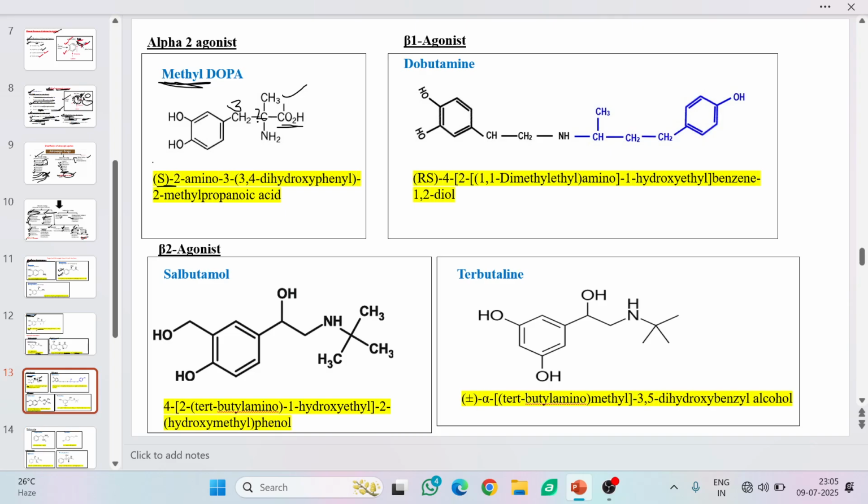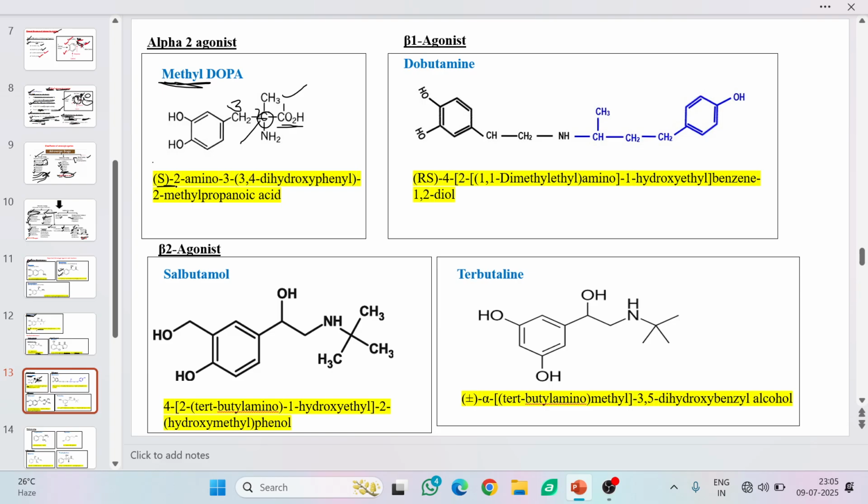For any molecule with an asymmetric carbon, how do we name it? By using RS configuration. So the configuration of this chiral carbon atom is S.